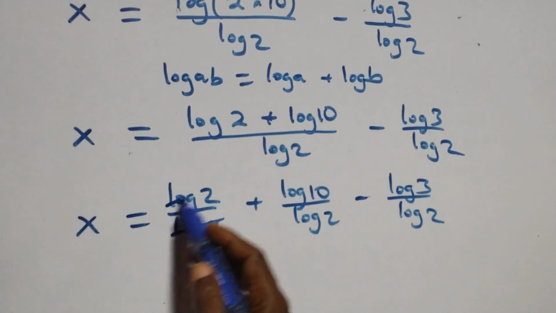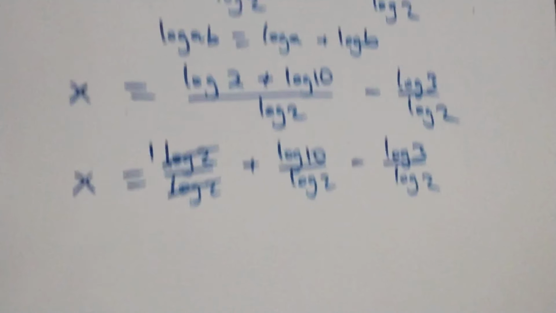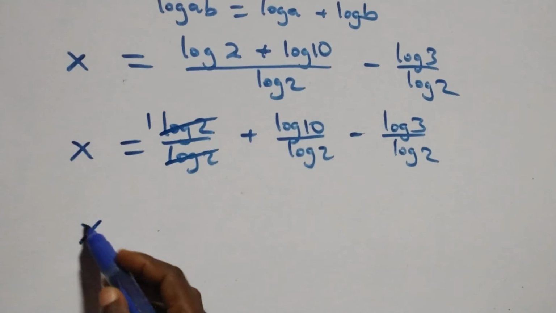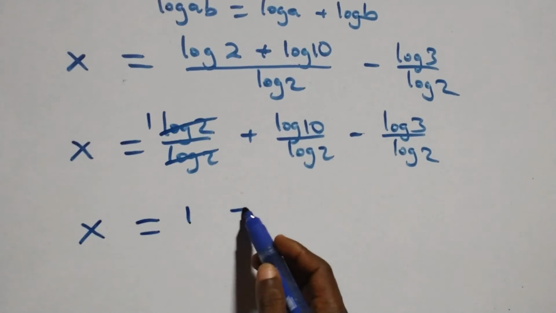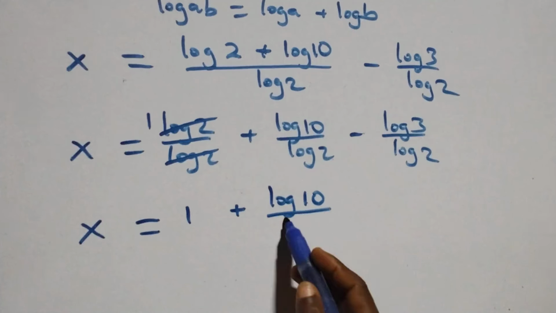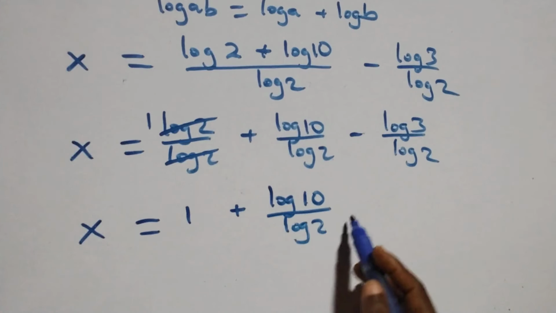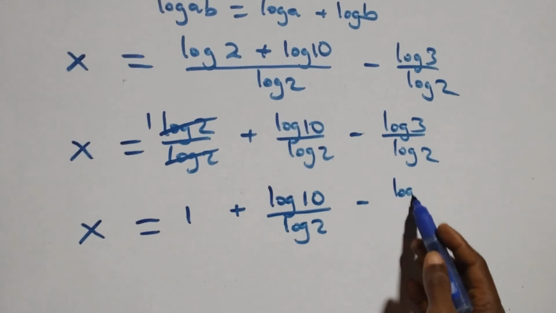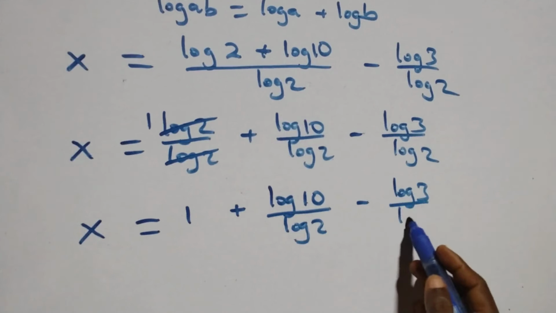Here we have log 2 cancel each other, 1 left here. This becomes x equals to 1 plus log 10 over log 2 minus log 3 over log 2.